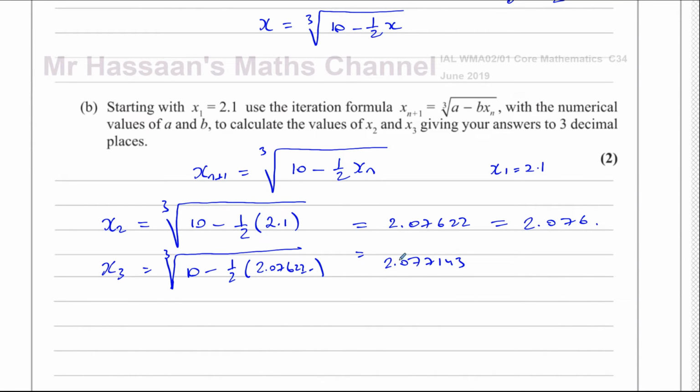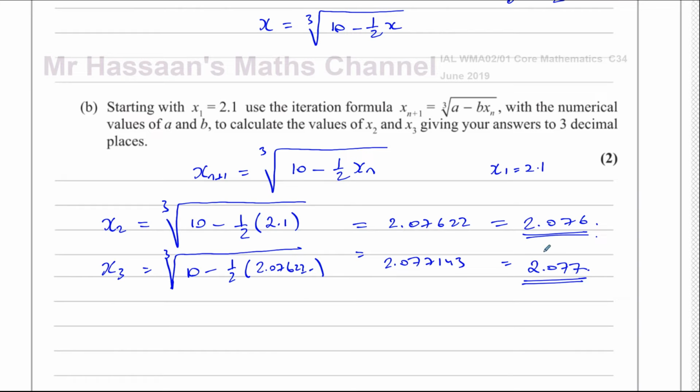To 3 decimal places, that's 2.077. Okay, so those are our answers for part B.